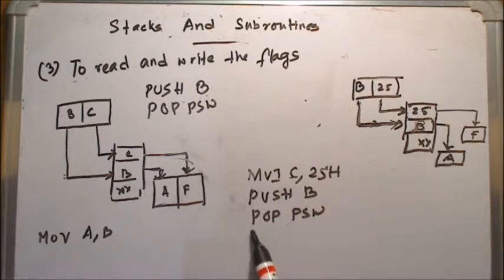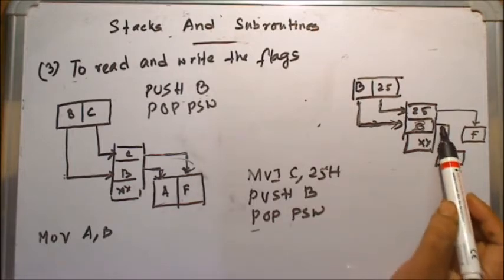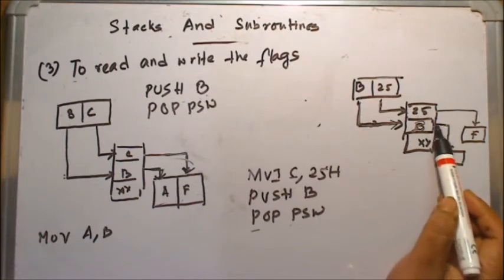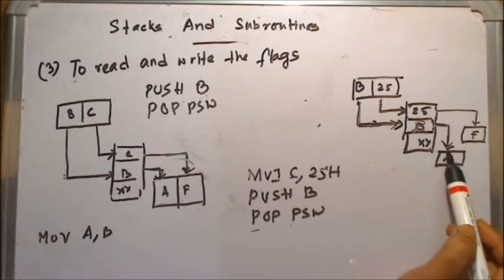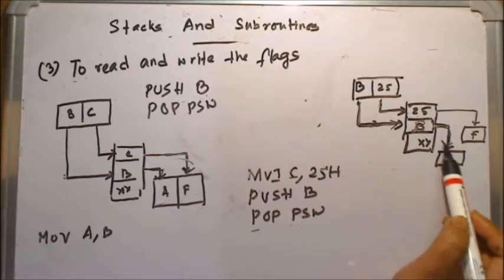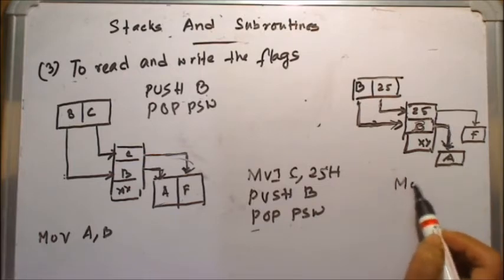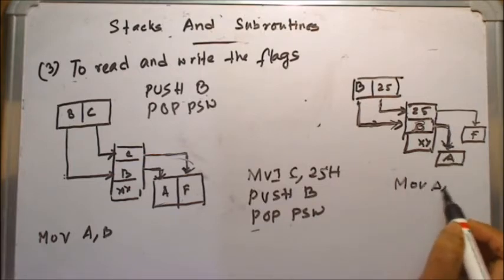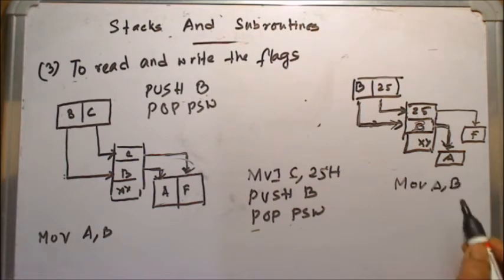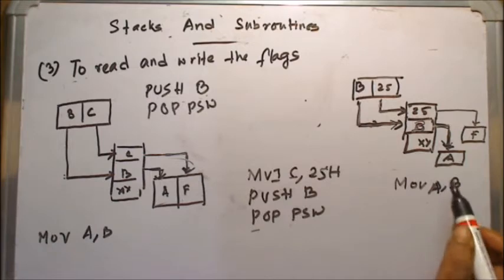Then I have written pop PSW. After pop PSW, the value of B will go to register A, which can also be done simply by MOV A, B.